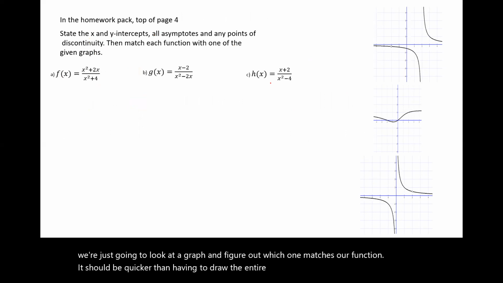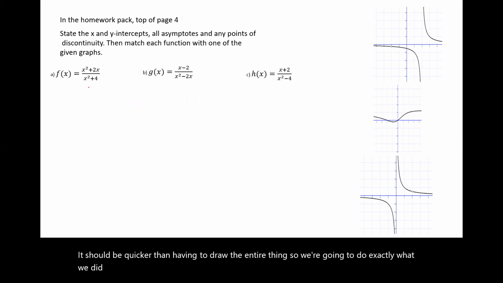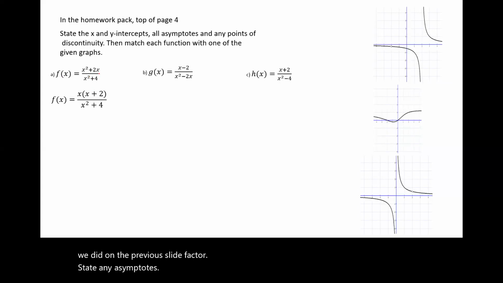So we're going to do exactly what we did on the previous slide. Factor, state any asymptotes, any points of discontinuity, x and y intercepts. Okay, here we go. X-intercept. If we're letting y equal 0, and it's a fraction, only the top can equal 0.